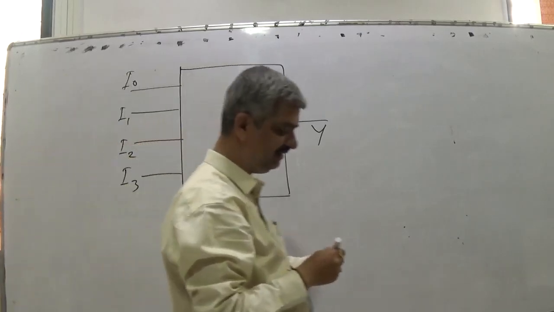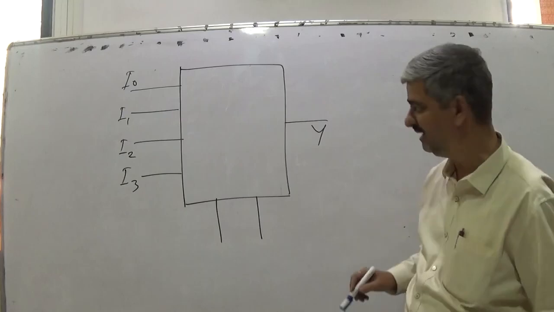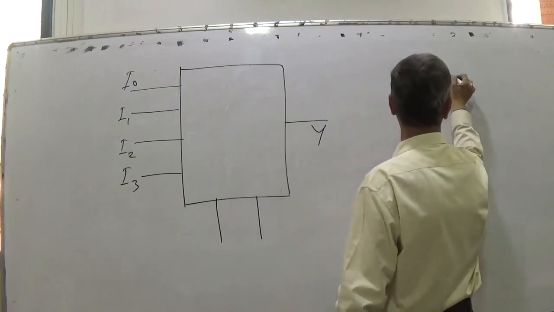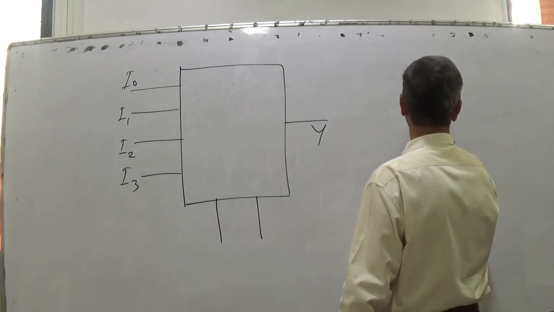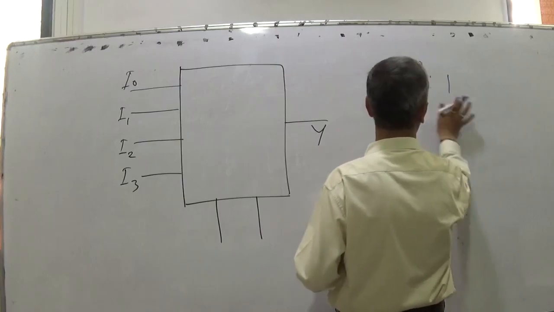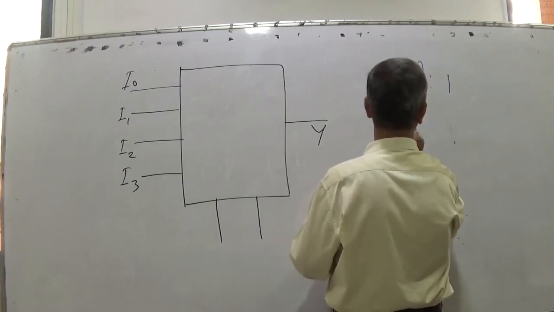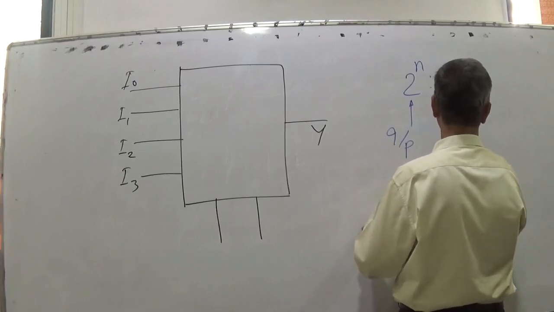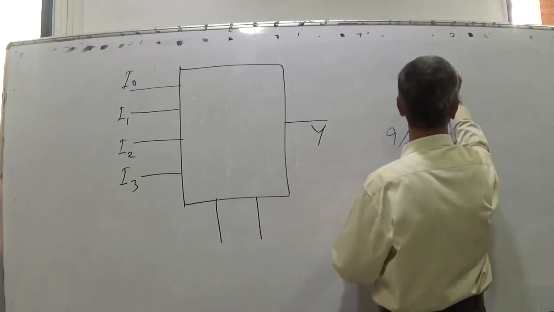So in general, a 2^n:1 multiplexer consists of 2^n input lines, 1 output line and n select lines.